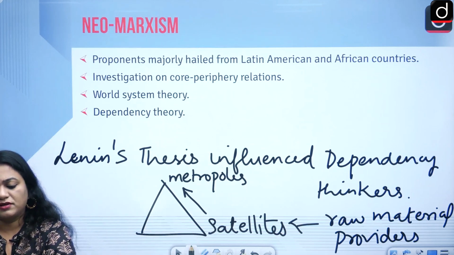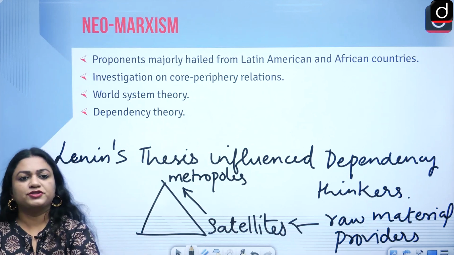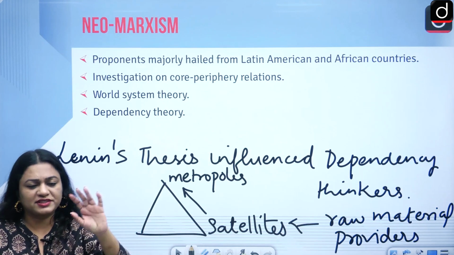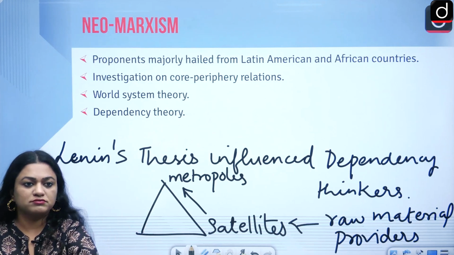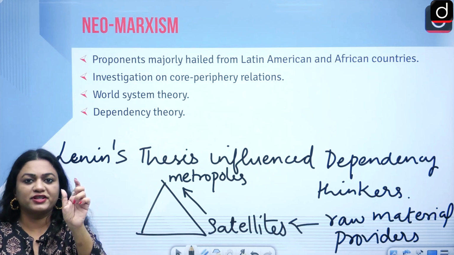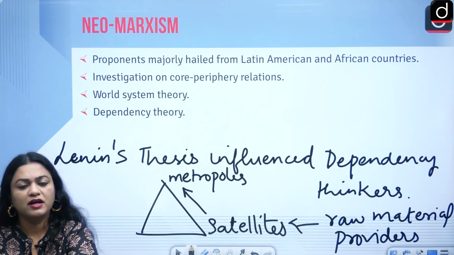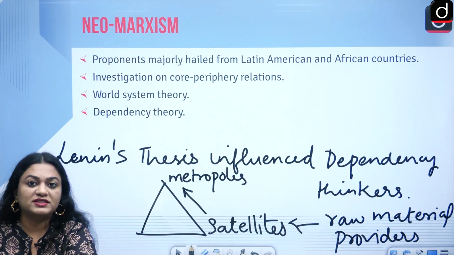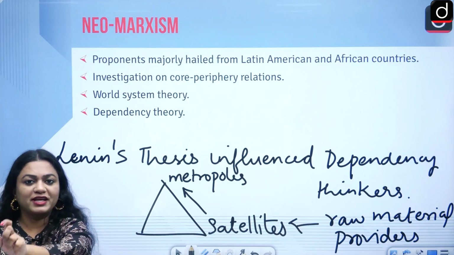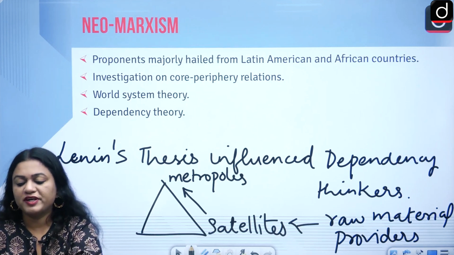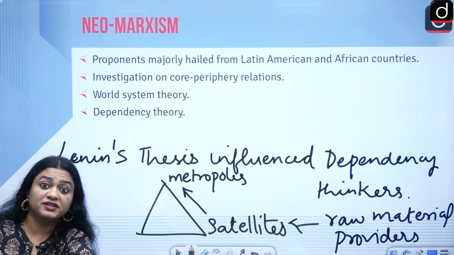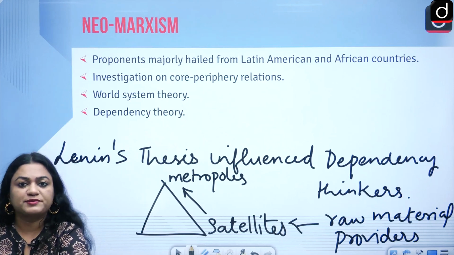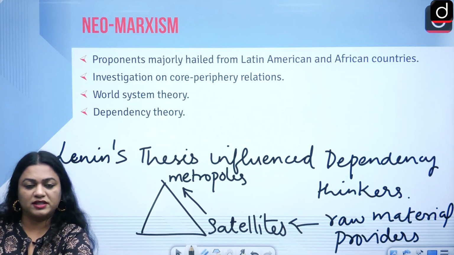Then another important theory in a similar vein is the world system theory, which talks about the existence of a third tier, the semi-periphery as well. This was developed by Immanuel Wallerstein: core, semi-periphery and peripheral relations. Core countries are the developed countries which exploit the less developed.